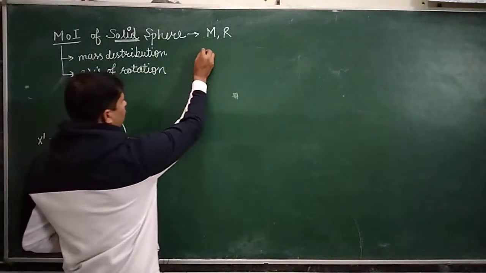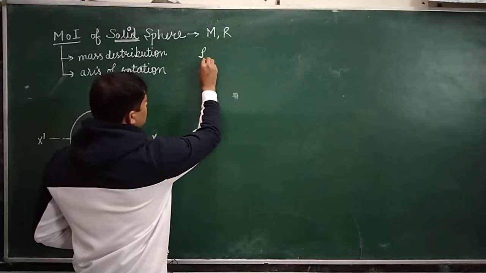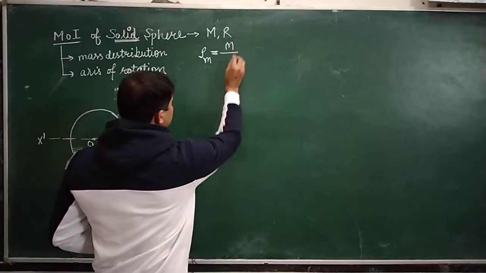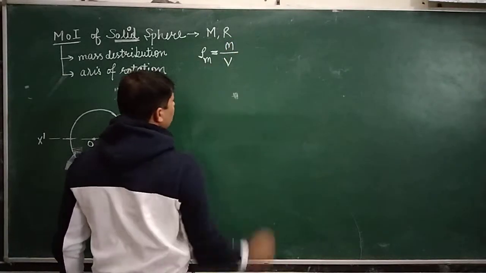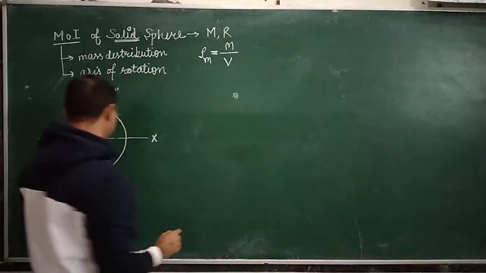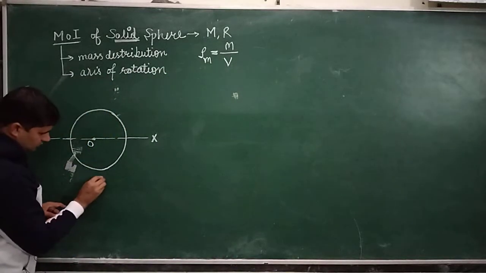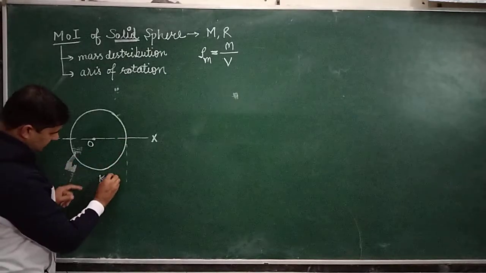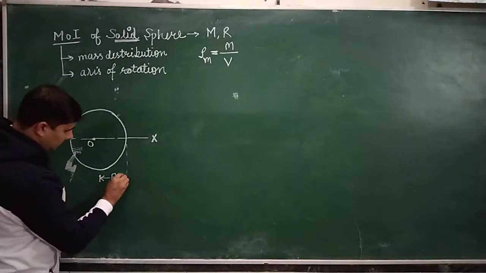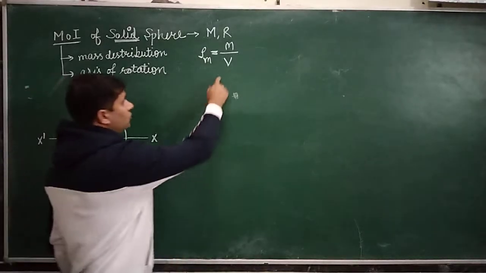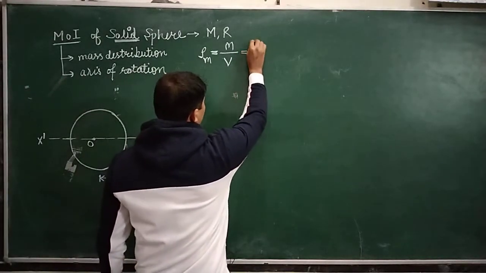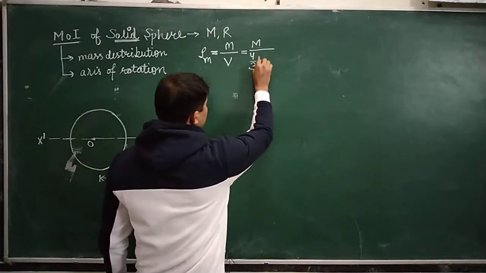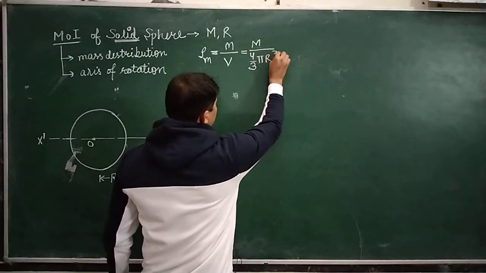Then the volume mass density will be the mass of the sphere divided by its volume. The distance from center to circumference is capital R, the radius, so the volume will be 4 by 3 pi R cube. Mass is capital M and the volume is 4 by 3 pi R cube.